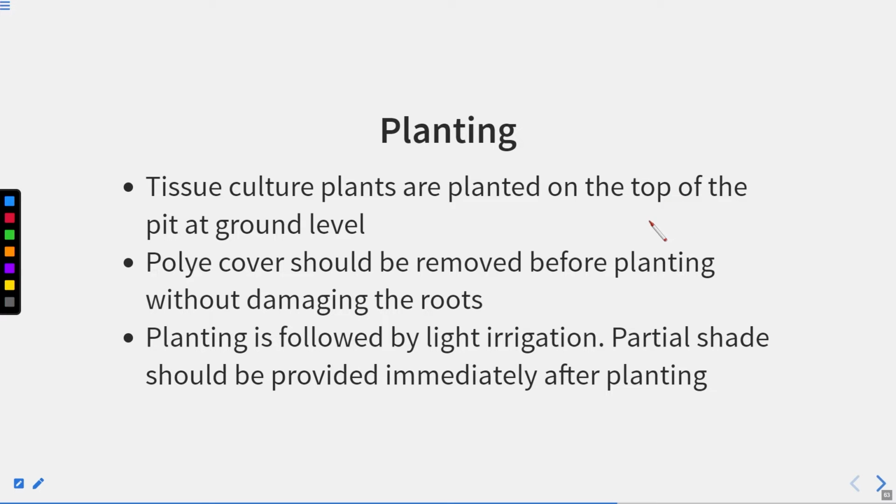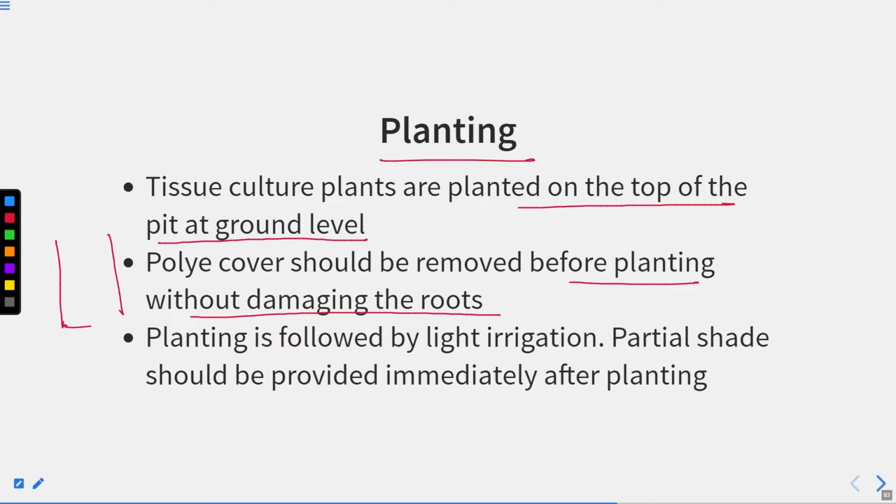Now, tissue culture plants are planted at the top of the pit at ground level, and the poly cover should be removed before planting without damaging the roots. So if the plant is present in a poly cover like this, you have to remove this poly cover while planting.